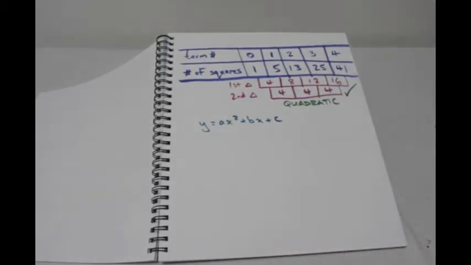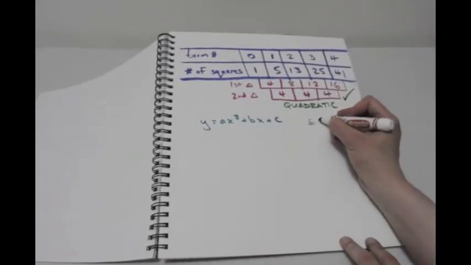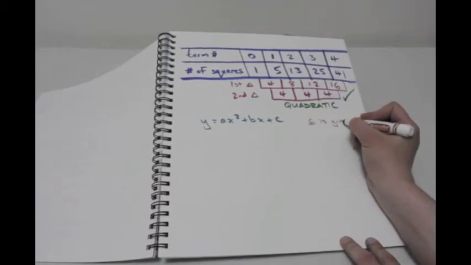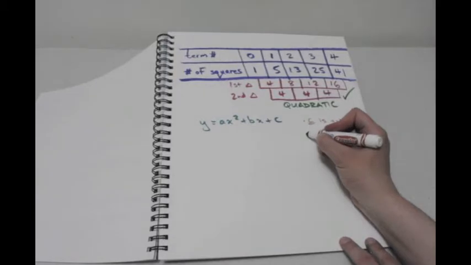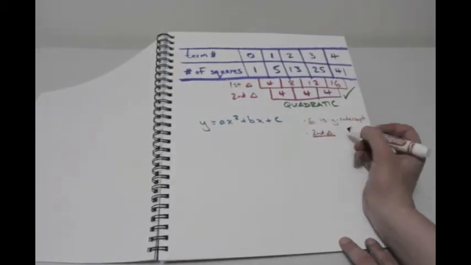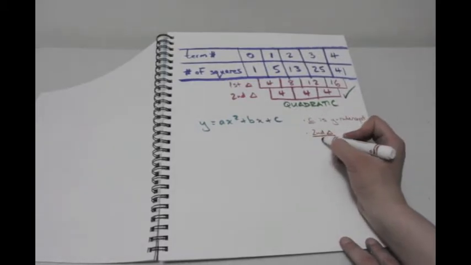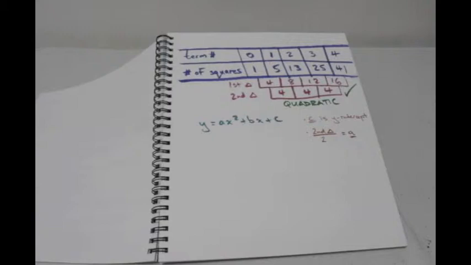Some things to remember from before are that c is the y-intercept, and the second difference, delta for difference, divided by 2 gives you a. Alright, well that helps. I think we have enough information to actually find the entire function.